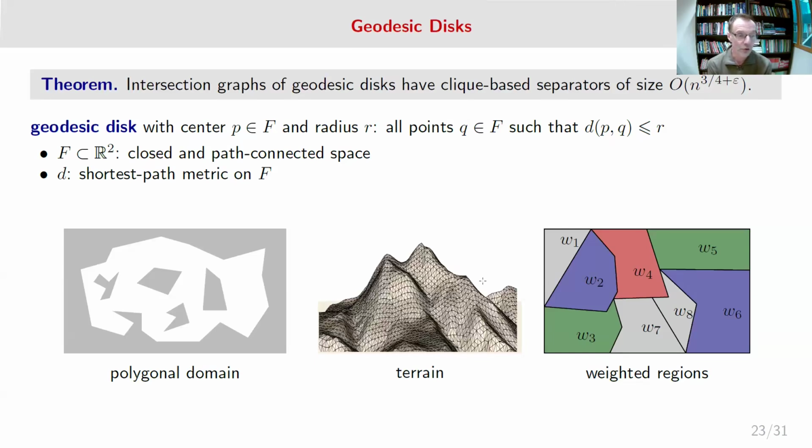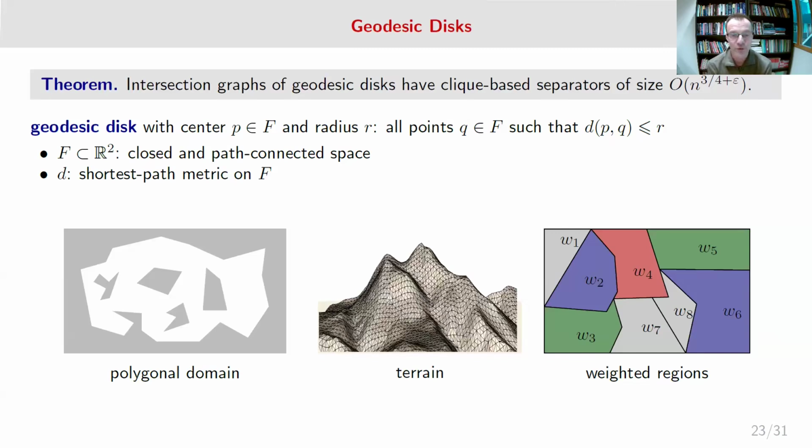Take a polygon with holes and look at geodesic distances, or take regions with weights and multiply the length of each part of a path by the weight of the region you go through, or take a polyhedral terrain and move on the terrain. It also works if you project some kind of metric in 2D.